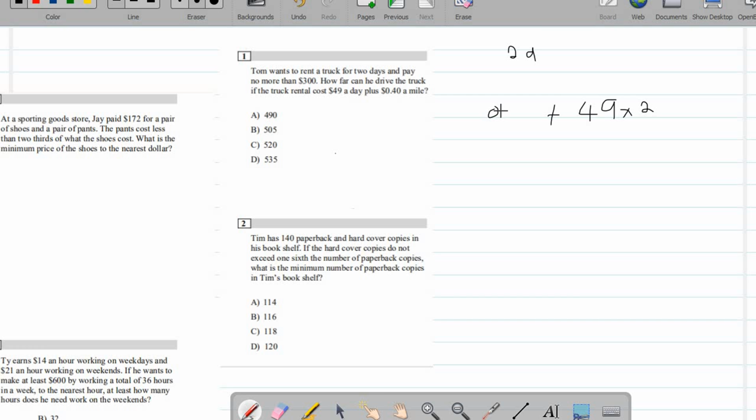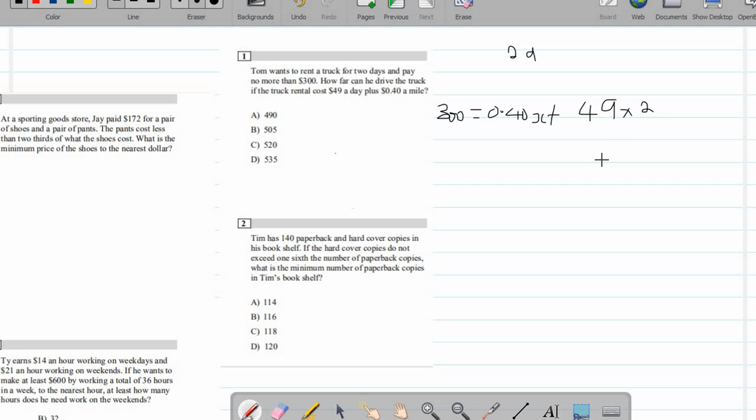So we're going to have 0.40 times the number of miles, let's say that's X we're looking for, and he doesn't want to pay more than $300. So let's just say he pays $300. So $300 is equal to 0.40x plus 49 times 2.